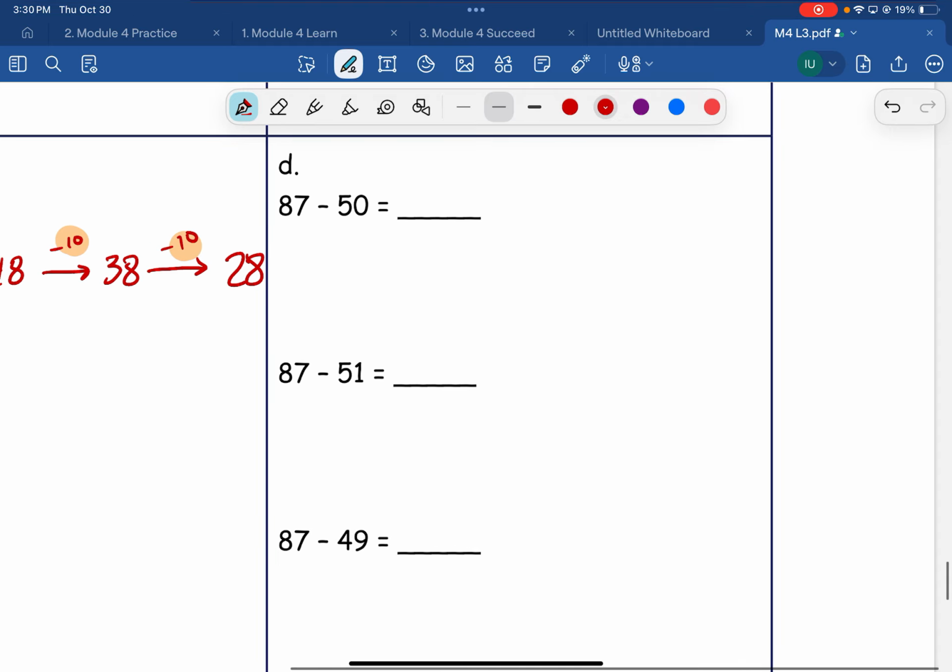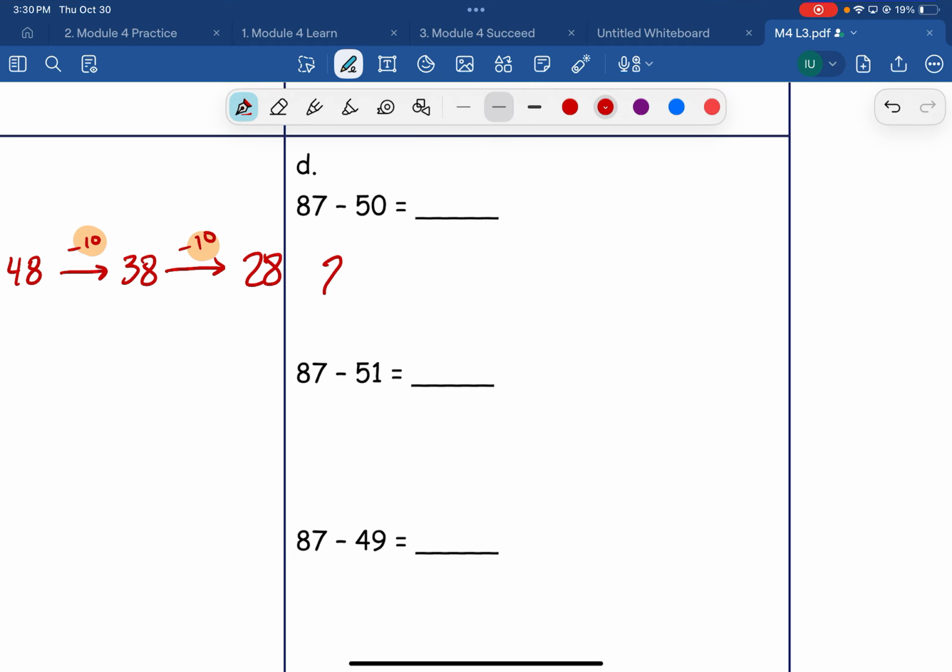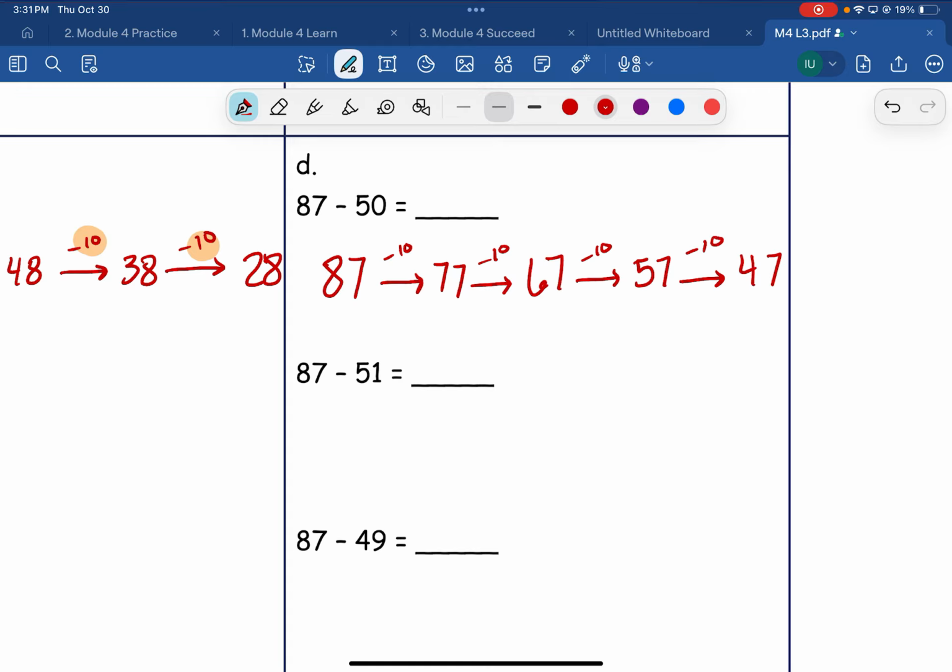Okay, let's try one more. Let's try 87 minus 50. So we're taking away 5 tens, actually. 87 minus 10 is 77. 77 minus 10 is 67. 67 minus 10 is 57. 57 minus 10 is 47. 47 minus 10 is 37.